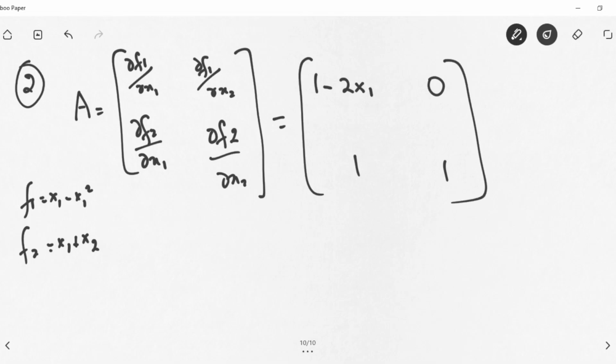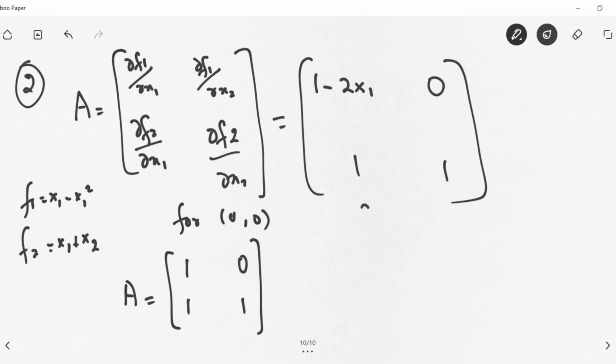So this is our A matrix for the first equilibrium point, (0, 0). When we substitute x1 equal to 0 and x2 equal to 0, what we'll be getting is 1 minus 0, so that is [1 0; 1 1]. Fine.